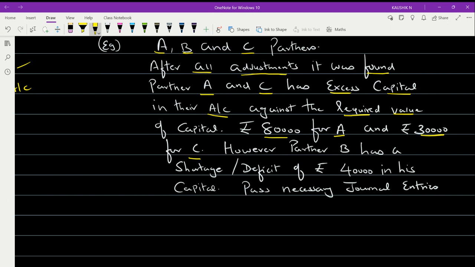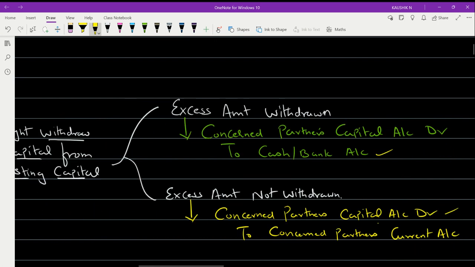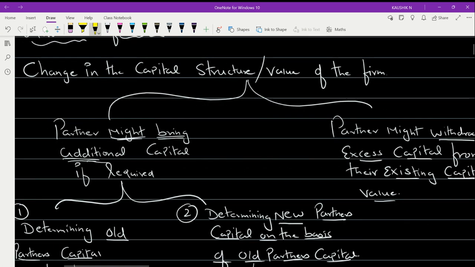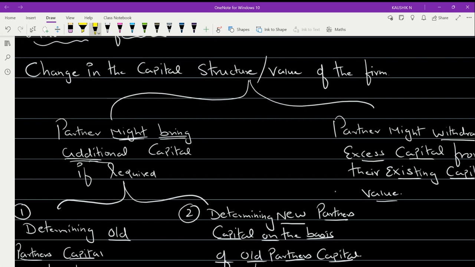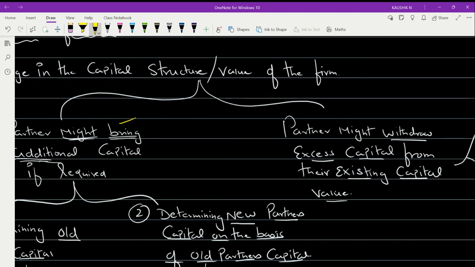So what is the accounting treatment if we have excess capital? That's what we learned here, right? There are two possibilities: either the partner might bring capital, or there is excess capital. What will happen if there is a shortage?